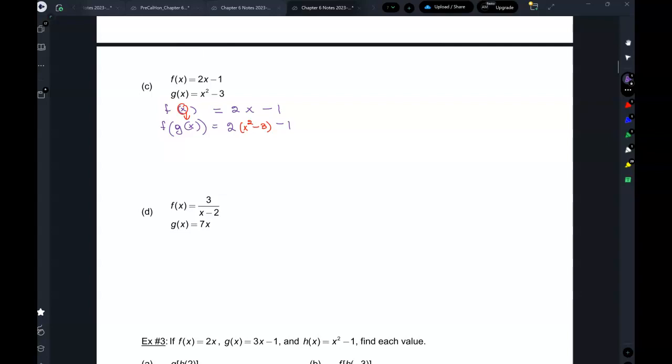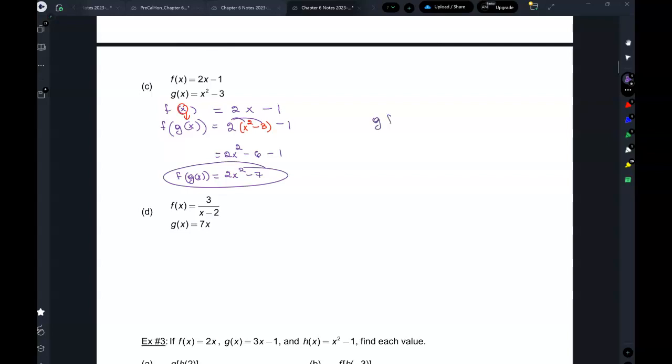So make sure everything else you copy over. What if you switch it around and plug the f of x into the g of x? No, so if you're looking for f of g of x, you have to do it in the right order. They're different things. So this is going to be 2x squared minus 6 minus 1. Yes. F of g of x, yeah.